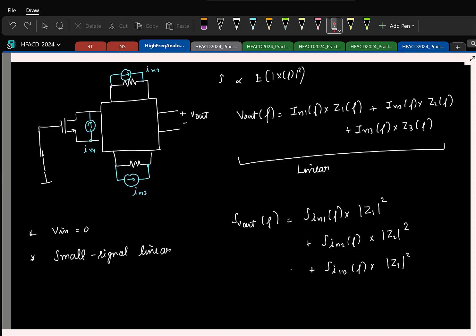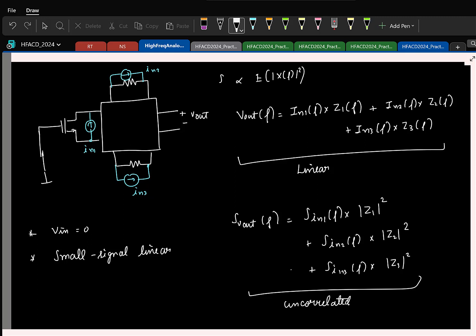I'll also have cross terms. I'll have the expected value of, let us say, In1 times In2, and if they are uncorrelated, the expectation of that cross term will be 0. Fine. So I am writing this because I know that my noise sources are uncorrelated, because noise generated by the resistor and noise generated in the transistor have no dependency. The electrons there and the electrons here have no interaction. Is that okay?